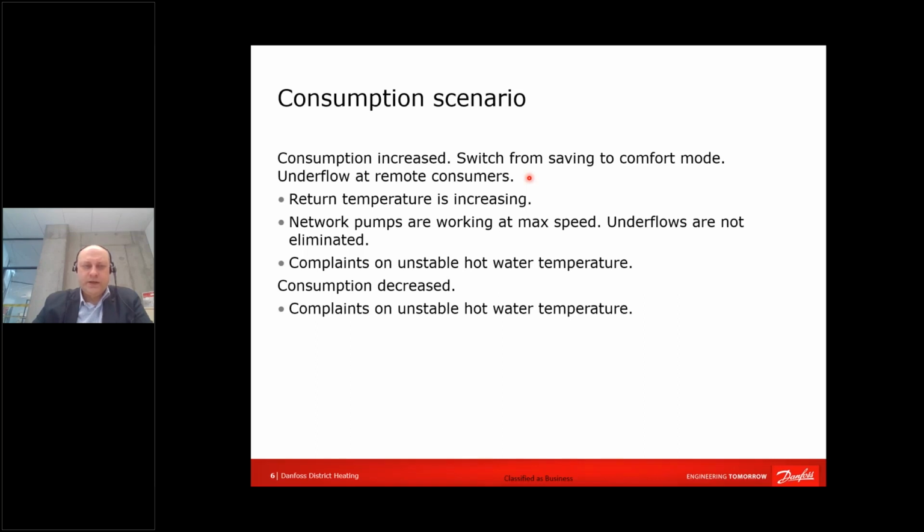For example, it happened at 6 o'clock in the morning. What did the district heating utility face? They faced that remote consumers somewhere far away were not receiving energy because differential pressure controllers were not installed.